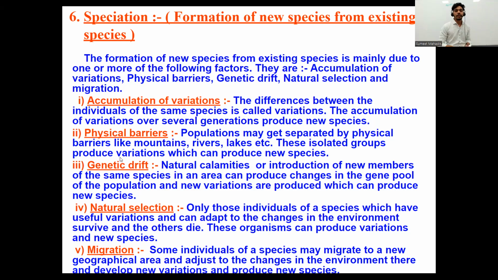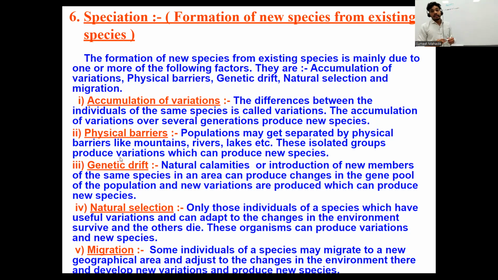Okay, let's talk about it. First, accumulation of variation. What is accumulation of variation? Many variations are happening. Yes or no?